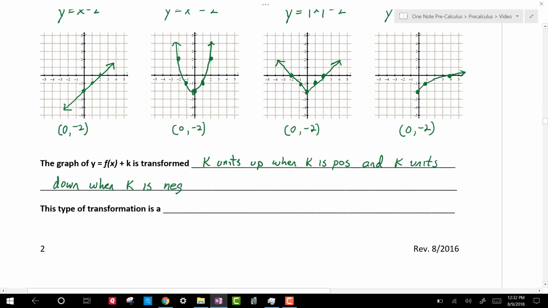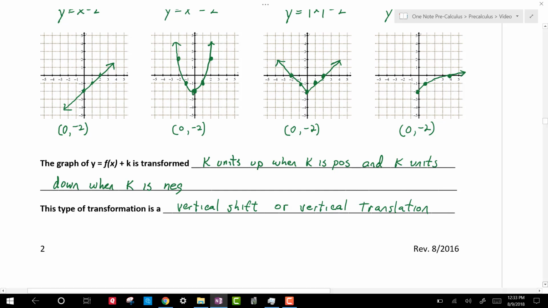Okay? This type of transformation is a vertical shift. I tend to use the word shift, but it's also called a vertical translation. Okay? So I tend to use the word shift just because it's easier to kind of understand, and so that's what I do with those.